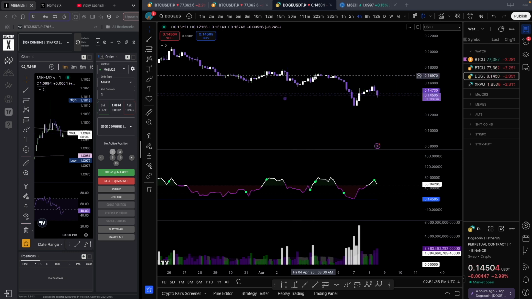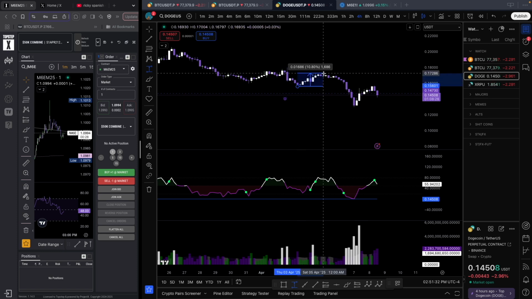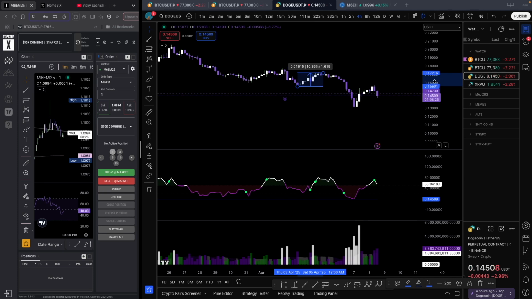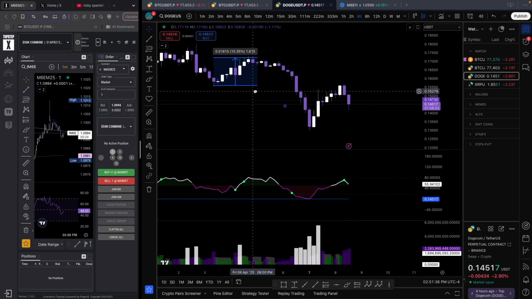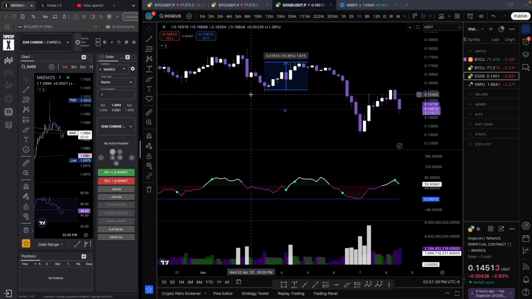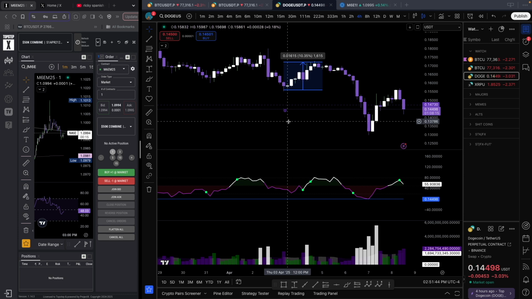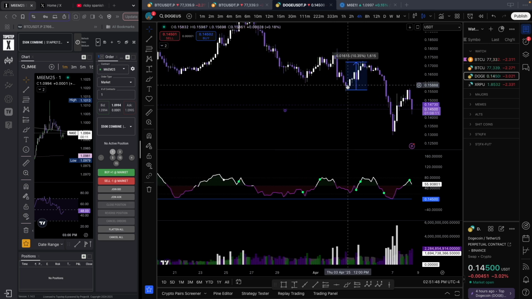Got you down here, and you could have shorted. I mean, you wouldn't have caught the short per se, but 10% move up. When we got the volume to confirm that we were coming on down, the buyers stepped in.